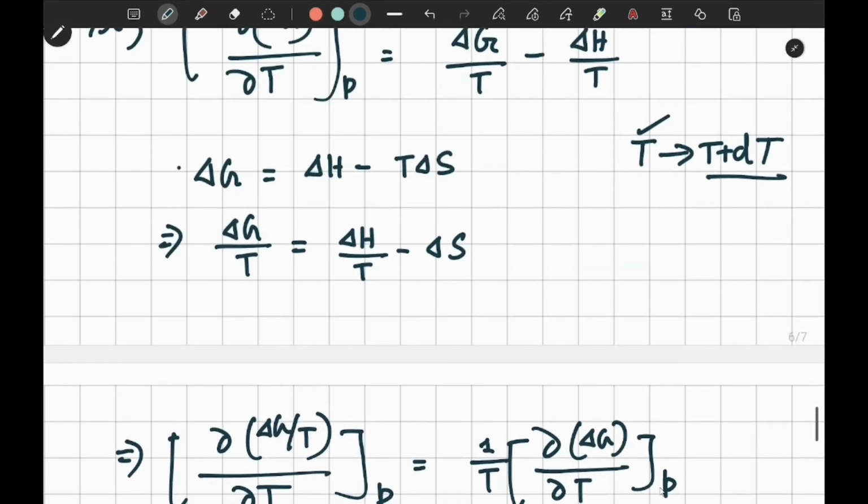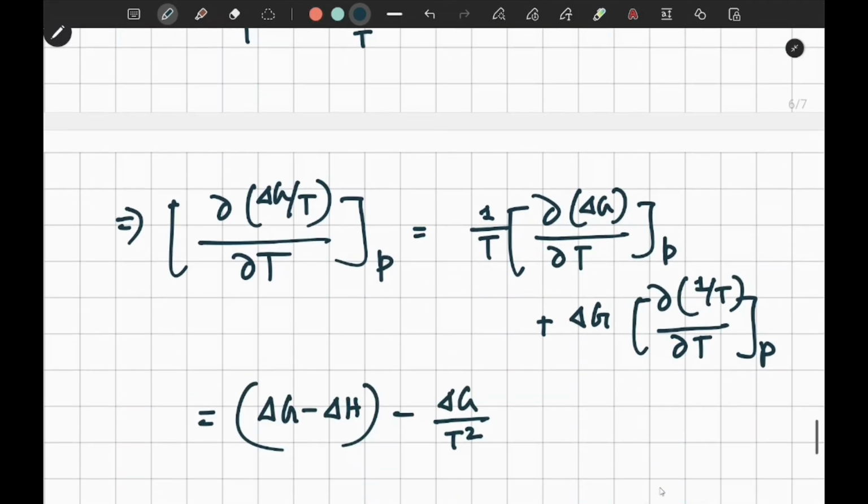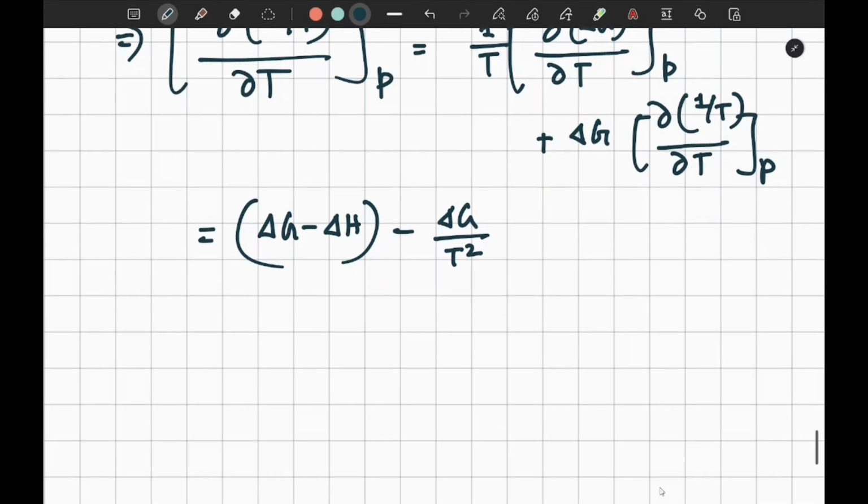Here I am not using this formula anymore. I'm just trying from this equation. I don't know whether it will be correct or not. I'm just doing it. Okay, so from here, delta G equals delta H minus T delta S. You know this.